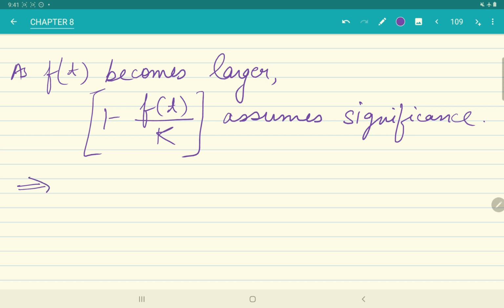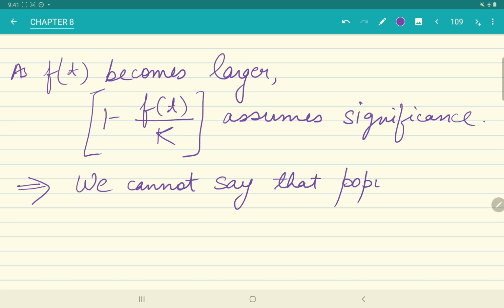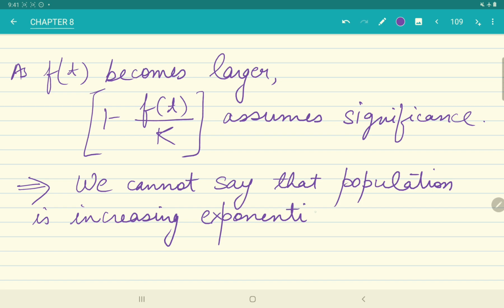And this implies we cannot say that the population is increasing exponentially in an approximate sense.